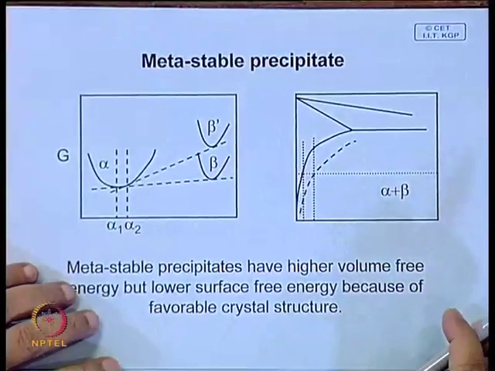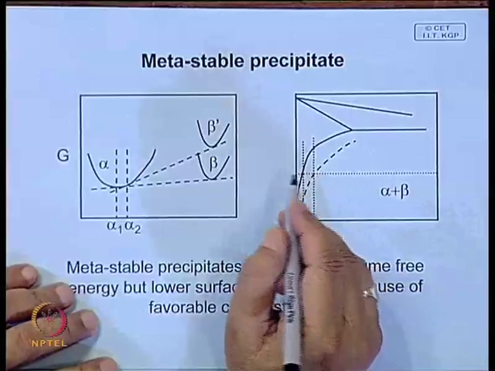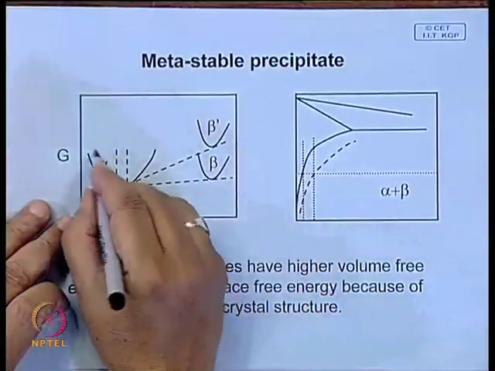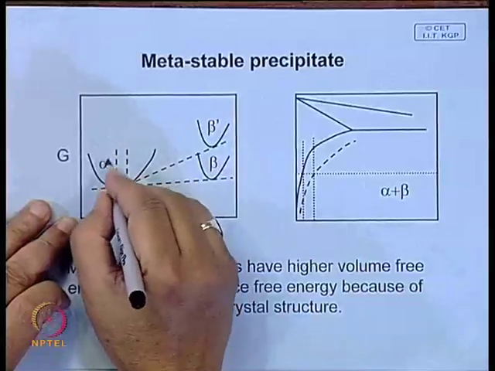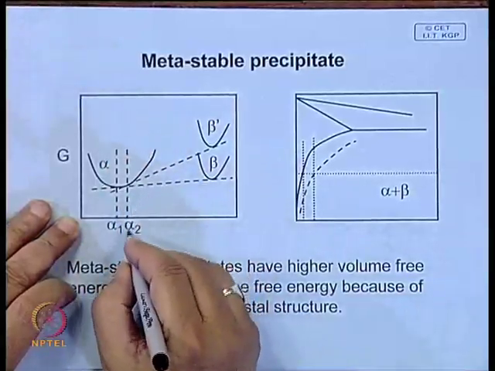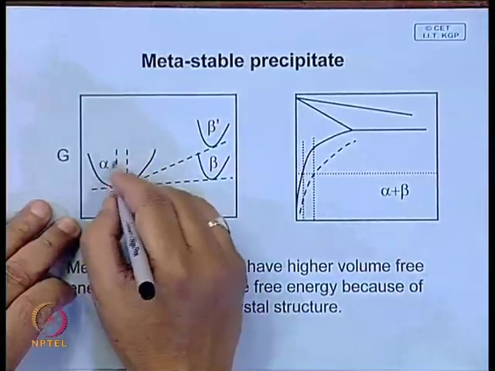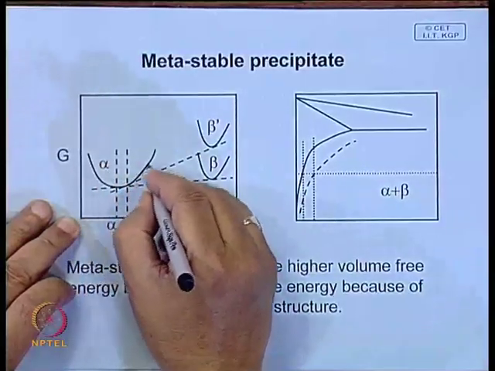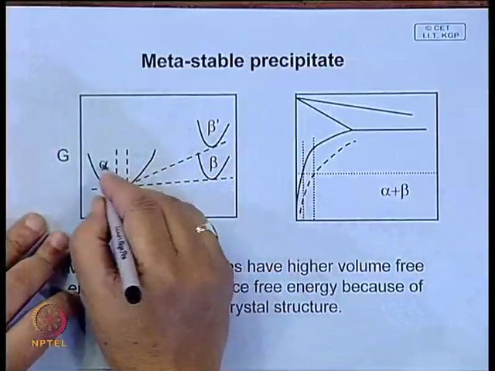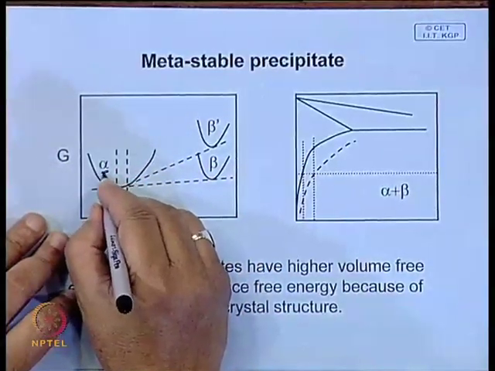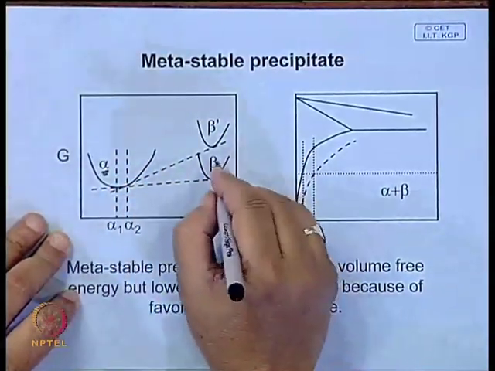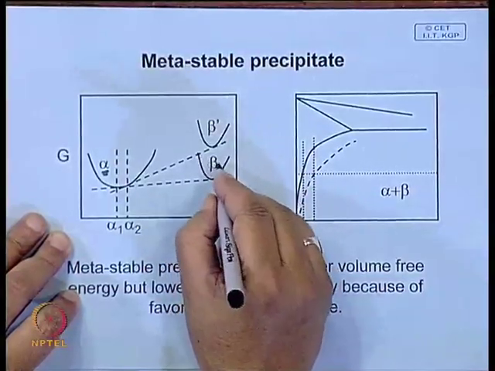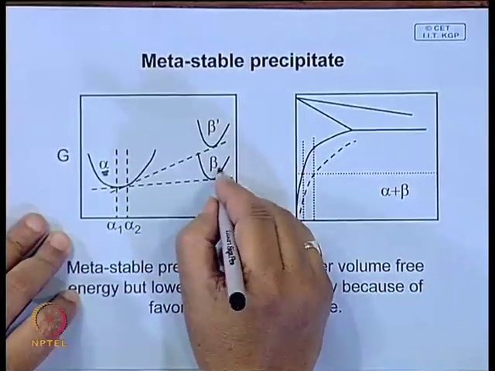Now, last class we introduced the concept of metastable precipitate. Suppose this is the solid solution, the supersaturated alpha. Say this is the free energy composition diagram for the phase alpha, which is the matrix, and this is the free energy composition diagram for the precipitate phase beta.